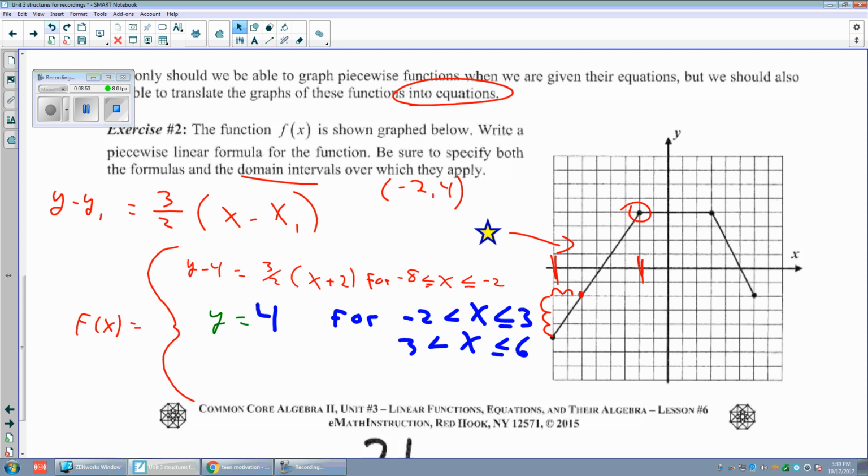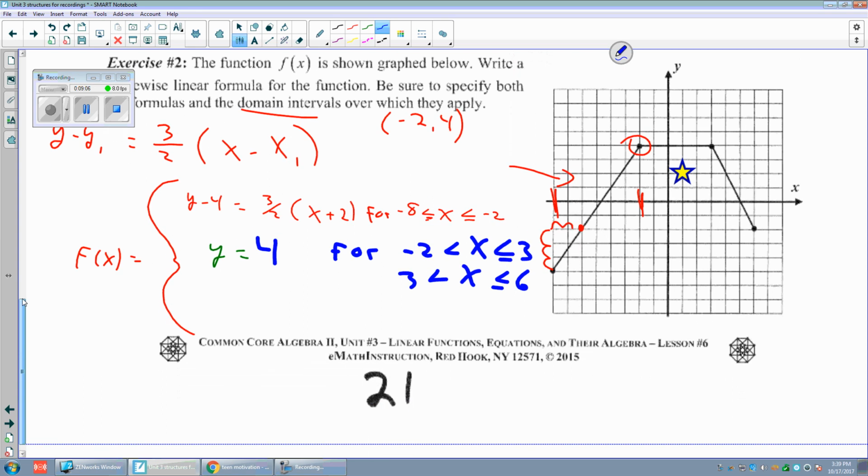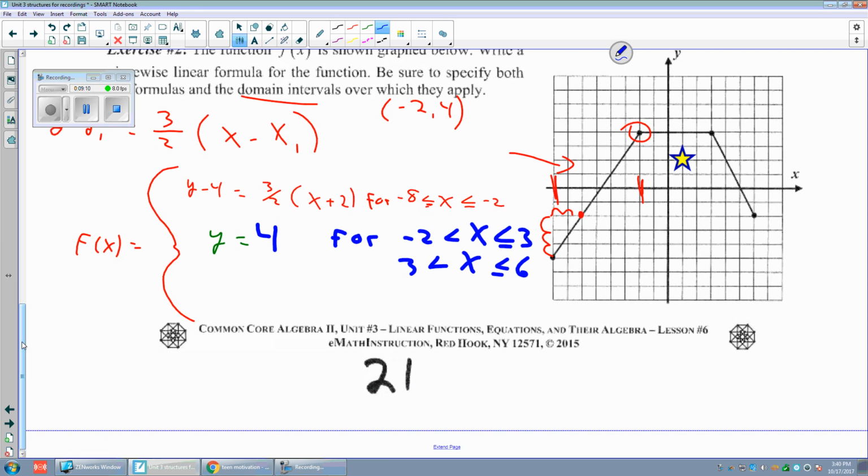Now let's figure out the slope. Rise over run. -1, -2 over 1. -2 over 1. Use some scrap paper down here. -2 over 1. And then still the x minus, pick a point. Pick that.